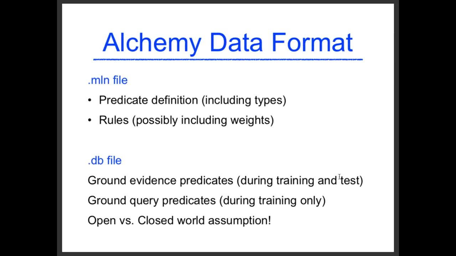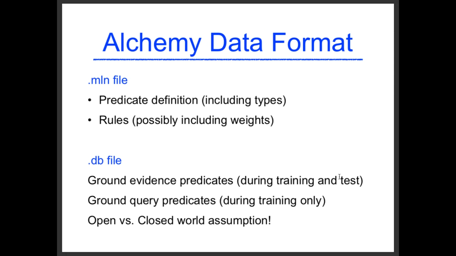Okay, so going into more practical things and starting then, in a minute, playing with our experiments. When you use Markov logic, when you use Alchemy in particular, you have two different files that you need.